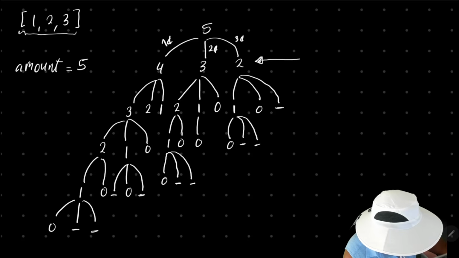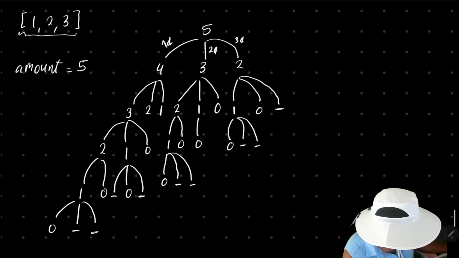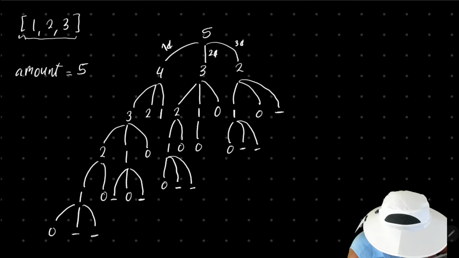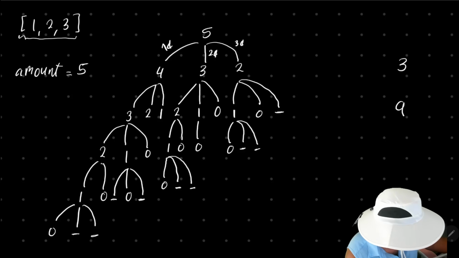So if you're trying to check how many function calls we had to do in our previous solution, here you created 3 function calls. And here you created 9 function calls, right? 3 function calls, and then 3 plus 3 plus 3. What about here?